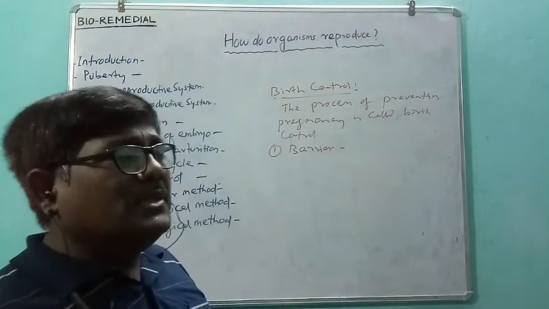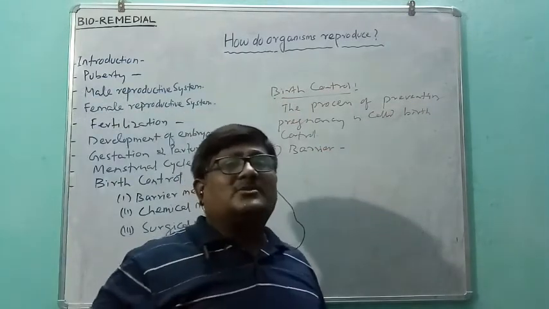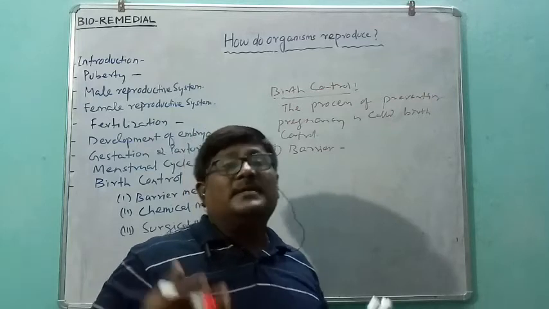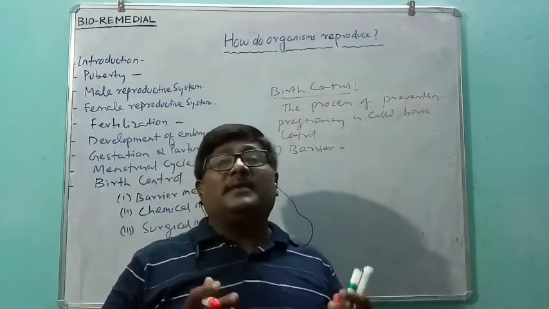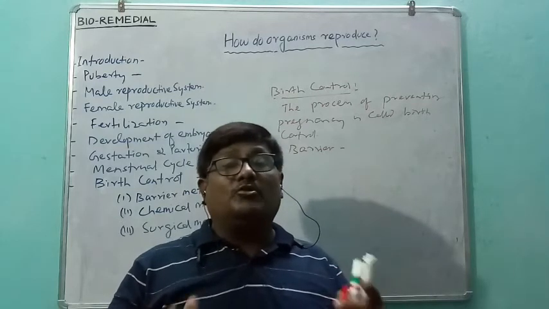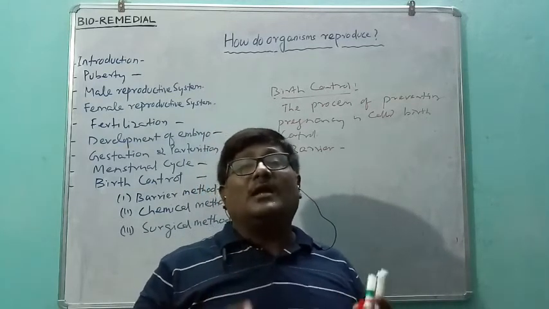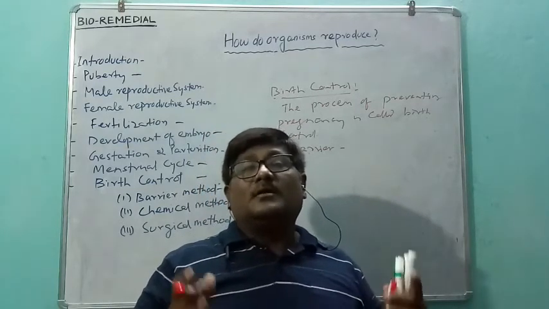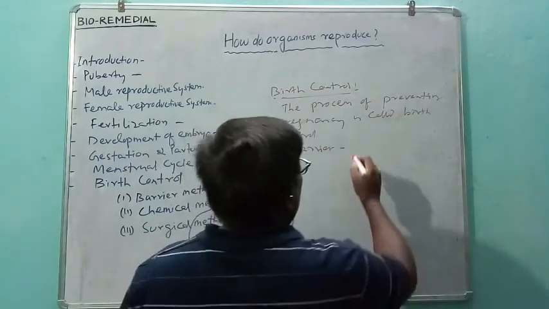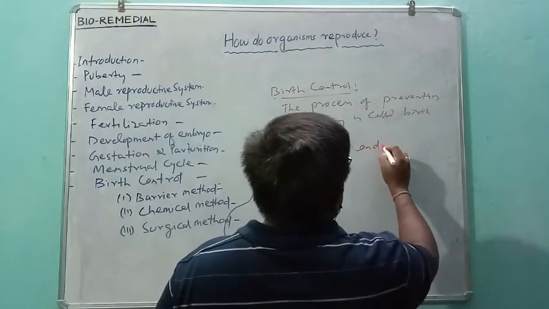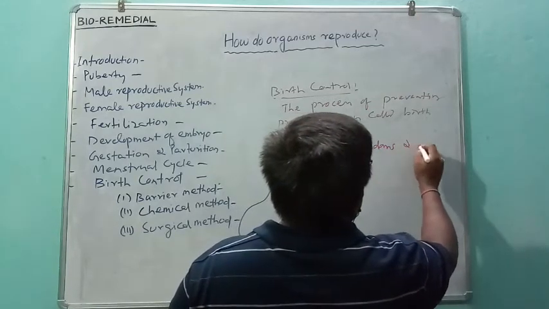Barrier method means some materials are used which become a barrier between sperm and ovum. These barriers will not allow the sperm and ovum to meet. Examples are condoms and diaphragms.